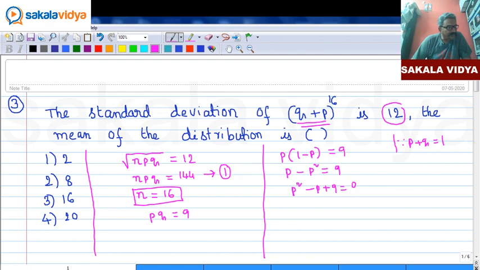Right. Option 2, 8. The standard deviation of (q plus p) whole to the power of 16 is 12. Right. 144, 9. One minute, actually something is wrong with this question. I will check it now.